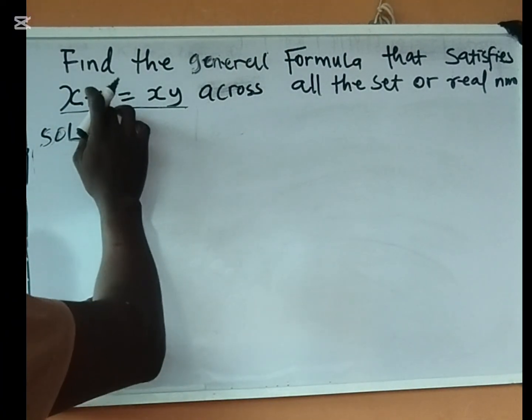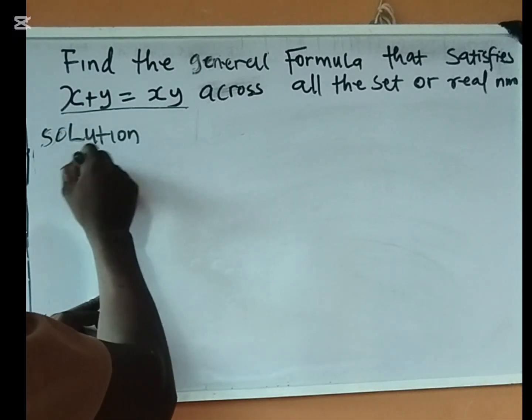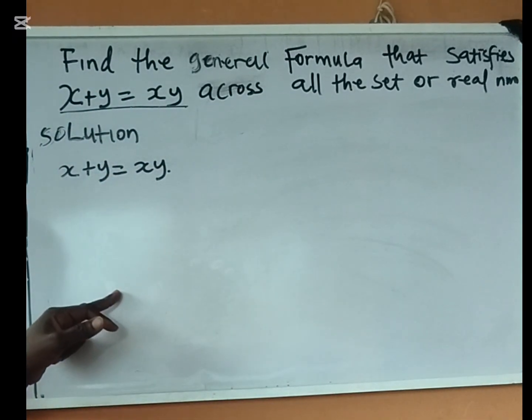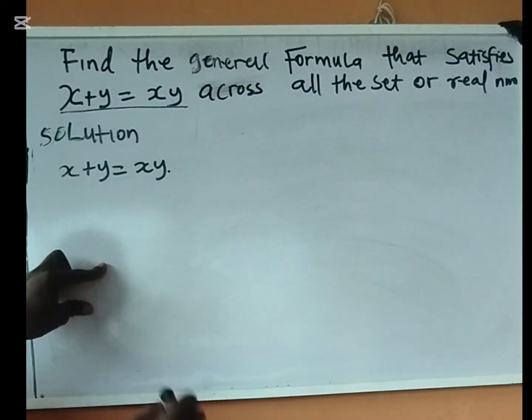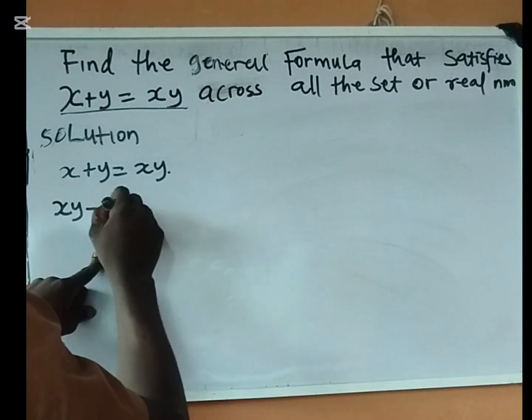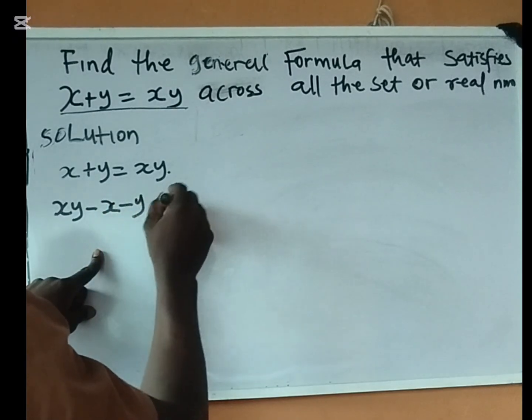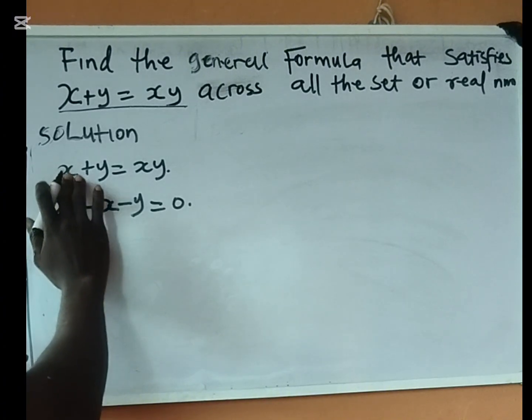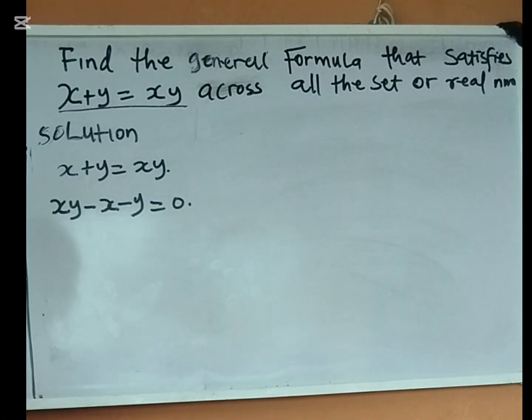We take our equation, which is x plus y is equal to x times y. Let's rearrange it. It becomes xy minus x minus y is equal to 0. I simply moved x and y to the other side of the equation.